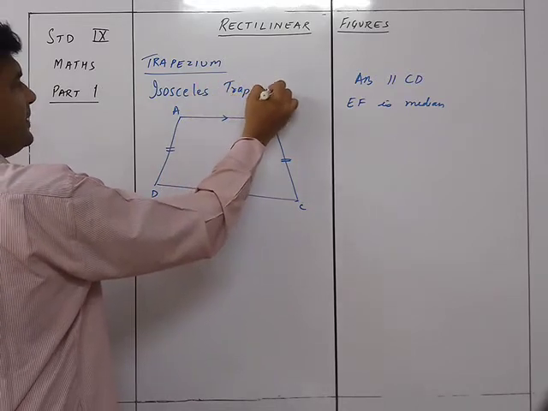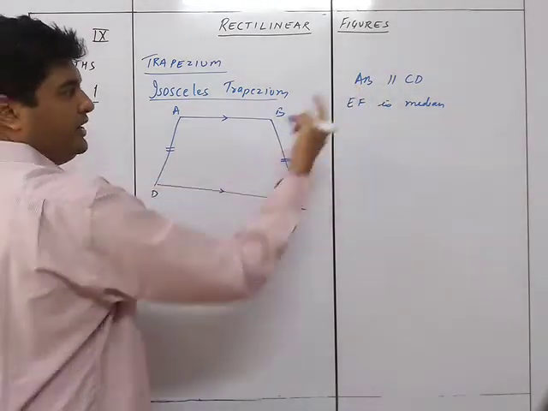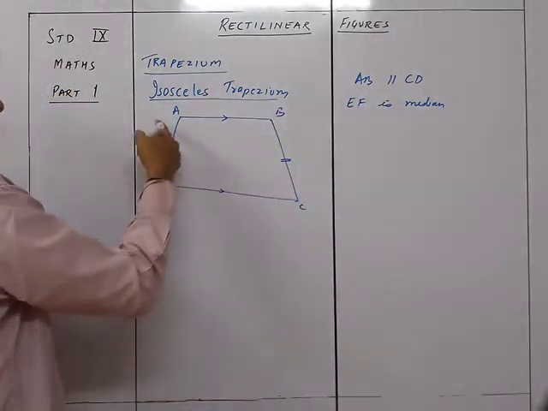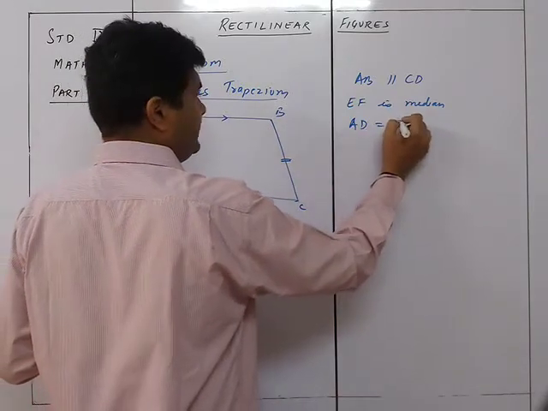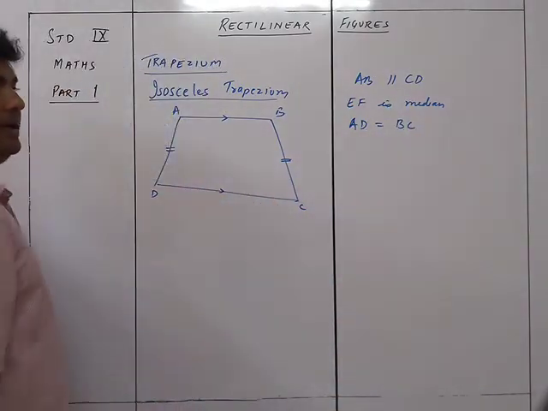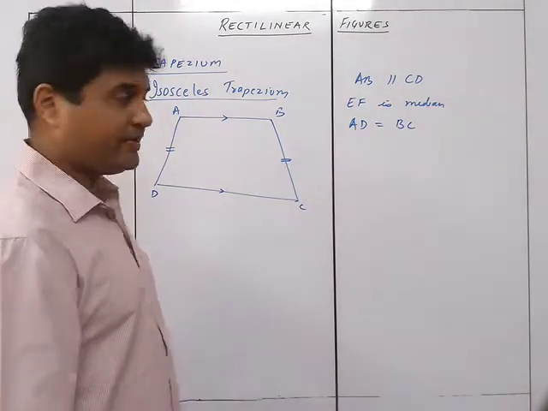In an isosceles trapezium, of course AB is parallel to CD, and EF is the median, but here AD is equal to BC. If AD is equal to BC, then it's an isosceles trapezium.